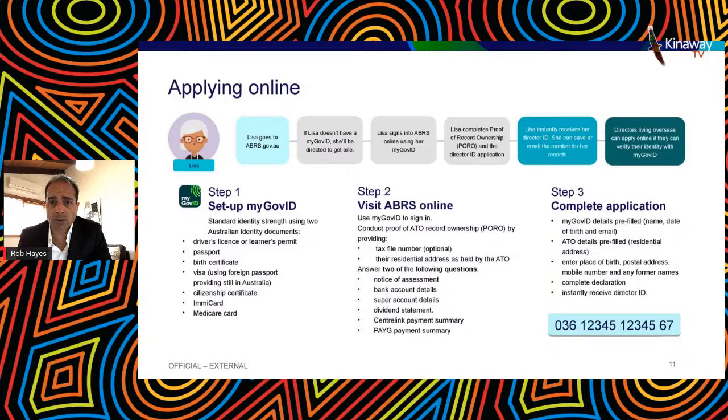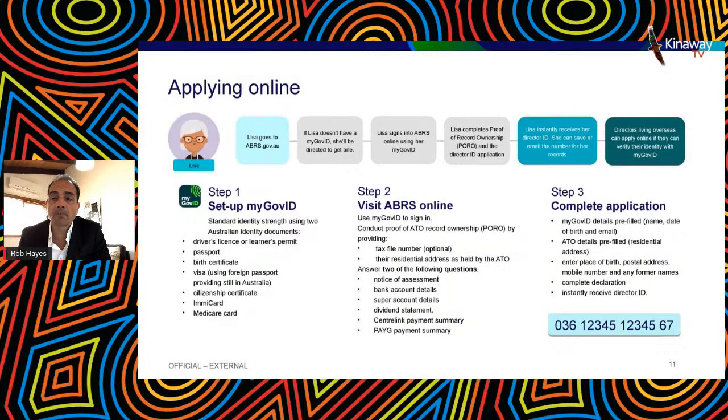Those who get that strong identity credential will skip the majority of step 2, which is about answering questions that the Australian Taxation Office knows about the individuals. This is called a proof of record ownership step, where the answers to the questions that the applicants provide help the Australian Taxation Office tie that individual to a tax record.